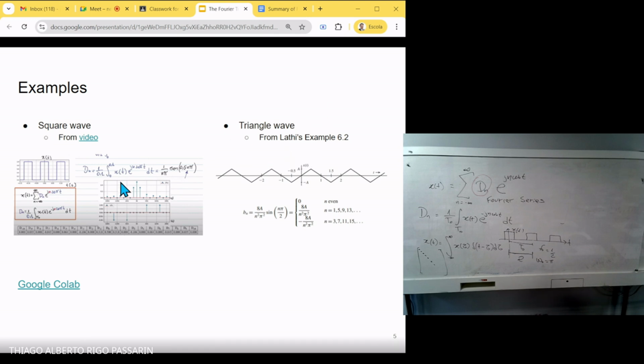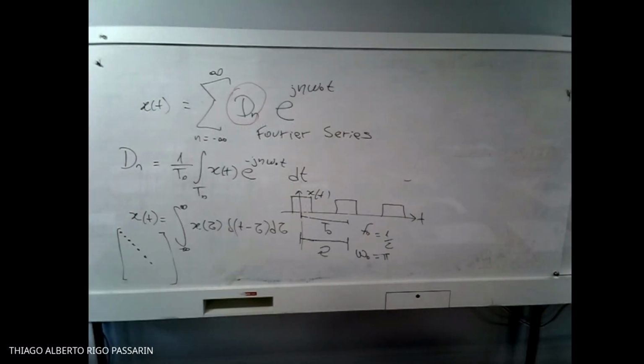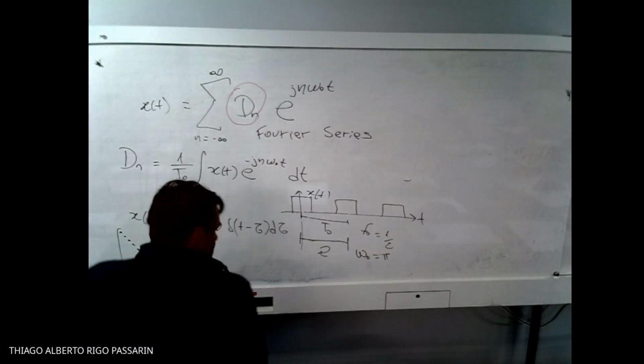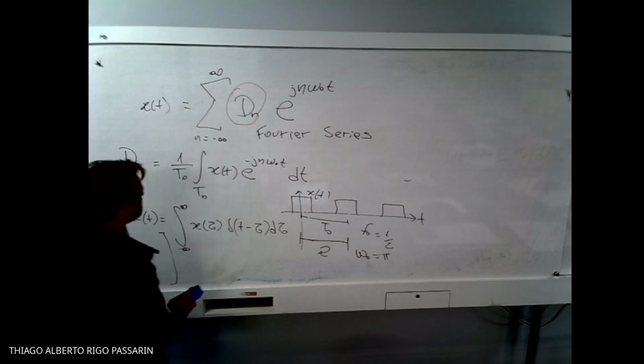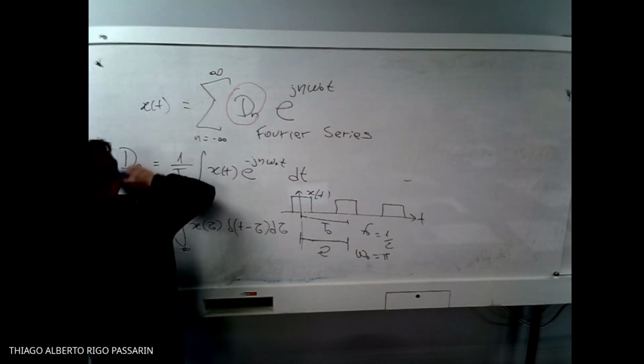So for this one, we can derive a closed form expression for the coefficients dn. Let's do it. I'm coming back to the board. We can erase that.